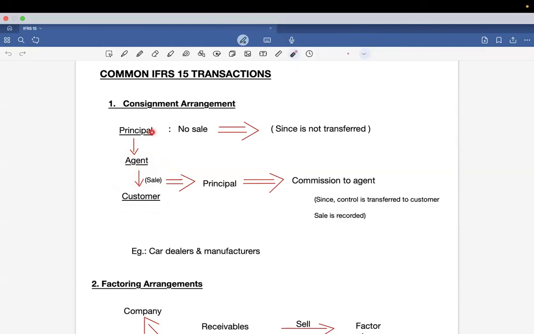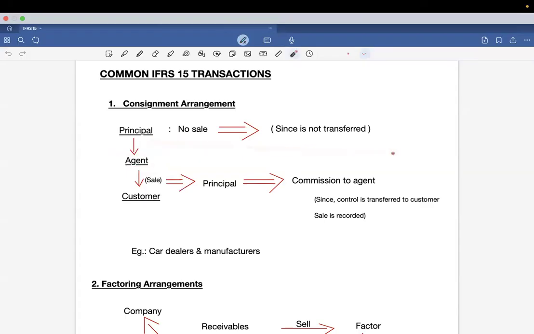So carefully listen. When the goods pass from the principal to the agent, there is no sale that happens. So whatever amount is mentioned in the question shouldn't be recorded because there is no sale.